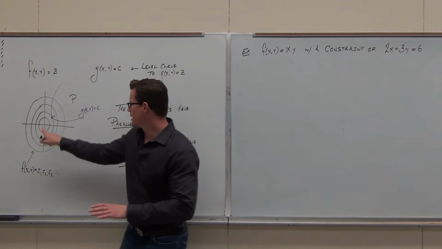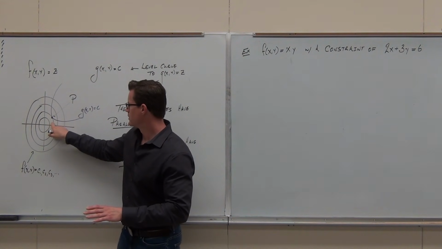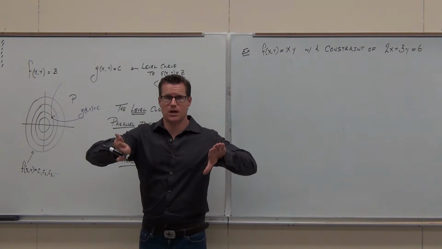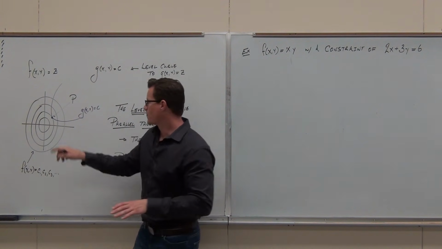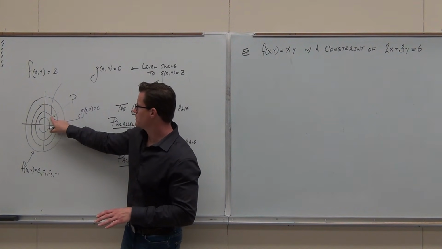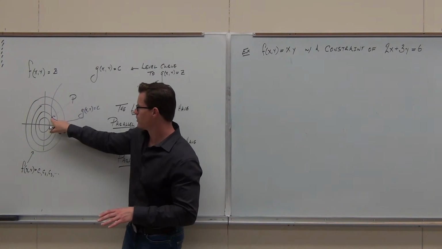And what that means is that from here, look carefully please, from here to here, and here, the function is either falling or the function is climbing. Does that make sense? So if I look at here or here or here, this function right here is either higher or lower than this.